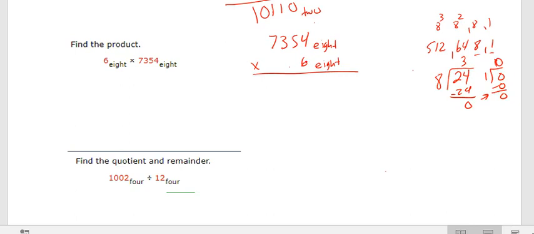So 6 times 4 is 24, but when you convert 24 to base 8, we get 30. So we write down the 0, carry the 3. So now we say 6 times 5 is 30, plus 3 is 33.